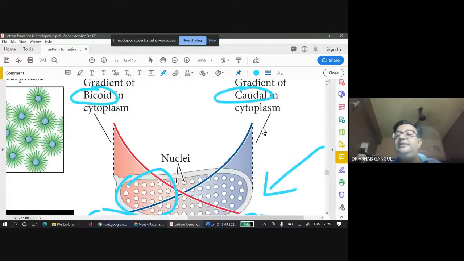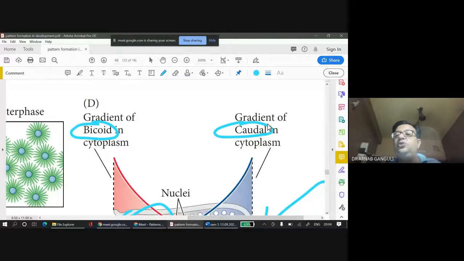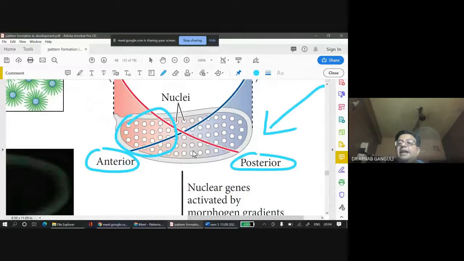And the nuclei in this region are more exposed to caudal. Here they are less exposed, in the center.